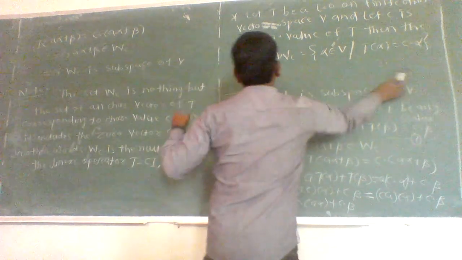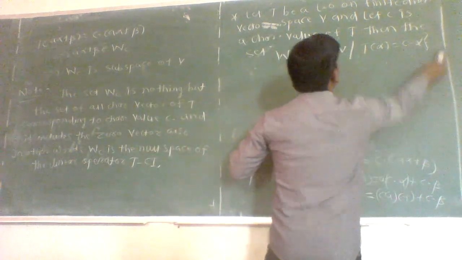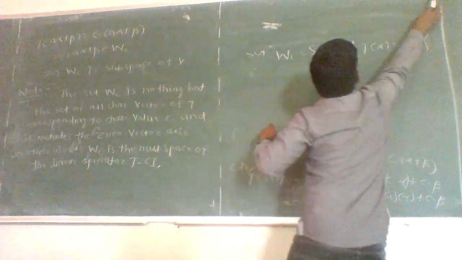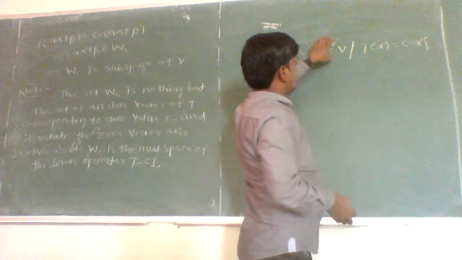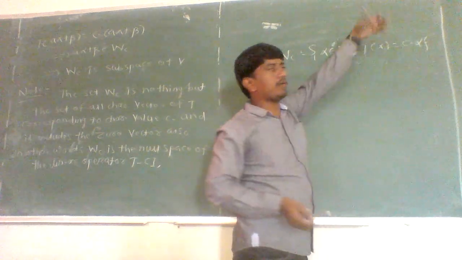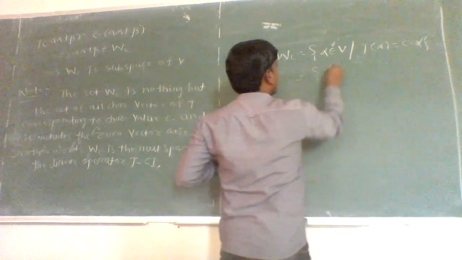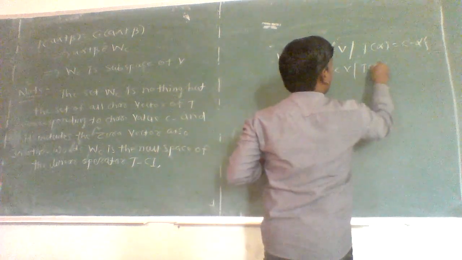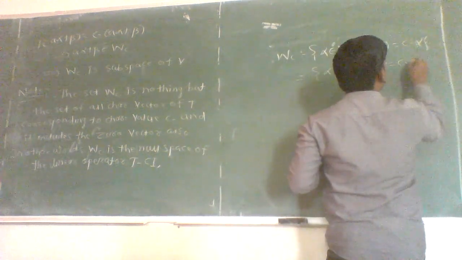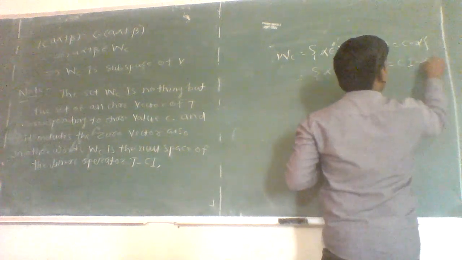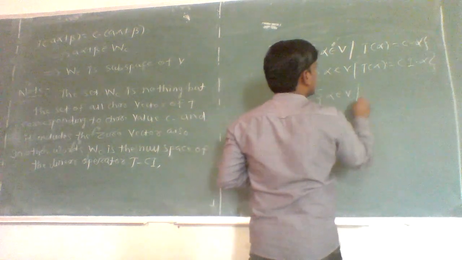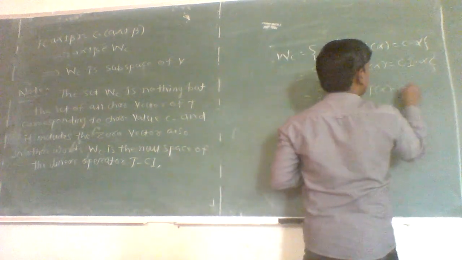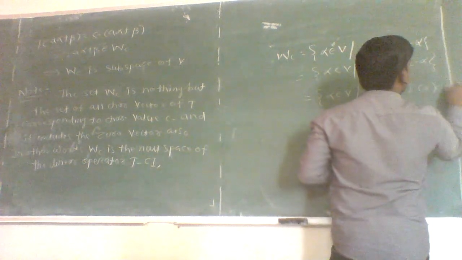WC is equal to all alpha belonging to V such that T of alpha equals C alpha, which is nothing but alpha belonging to V such that T of alpha is equal to C into I of alpha, where I is the identity operator, which is nothing but alpha belonging to V such that T of alpha minus CI of alpha equals 0.